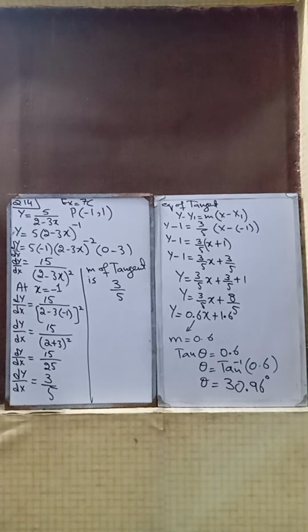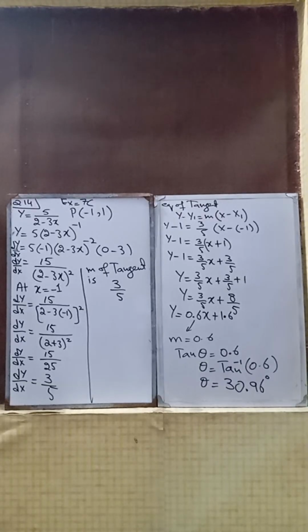So you see, we are done with question number 14. The answers are right. In question number 14, they gave us an equation of a curve and a point P, which was on the curve, minus 1, 1. They asked us to find the equation of the tangent at the point P. Once we found the equation of the tangent, they asked us to find the angle that the tangent makes with the positive x-axis.